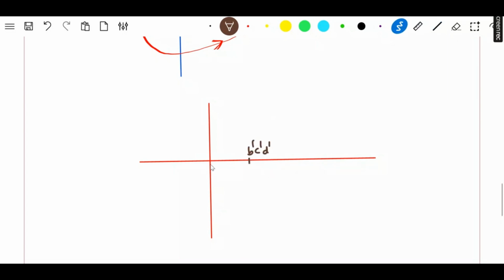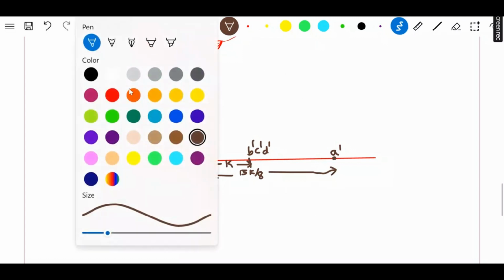The range here is K till here. Now we had A dash point. The range here is 1.8K or 15K by 8. It's clear. Now we have a curve which we need to write.